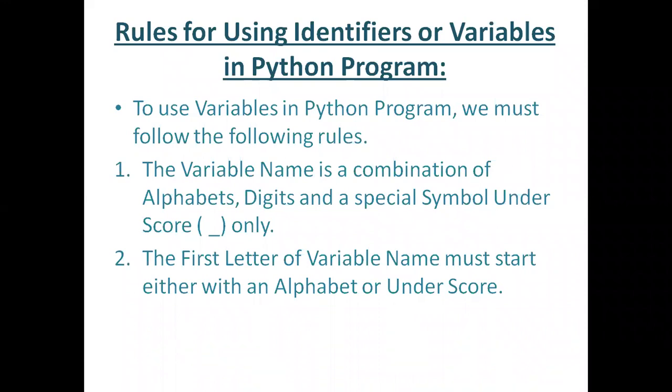The variable name is a combination of alphabets, digits, and the special symbol underscore only. The first letter of a variable must start with either an alphabet or an underscore. Okay, let's go back to our program.